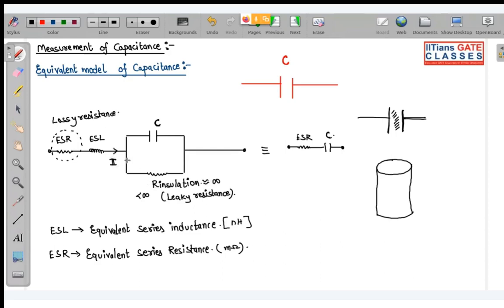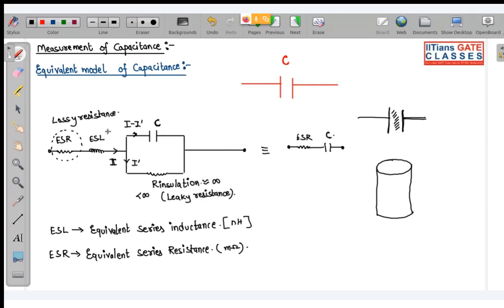A very negligible amount of current will flow through this path. If this was infinite, this whole I would have flowed through this capacitor, but as it is not equal to infinite, some of the current will leak over here. Let this be I dash. So the current flowing through the capacitor will be I minus I dash. That is why it is called leaky resistance, because it is leaking some of the current.